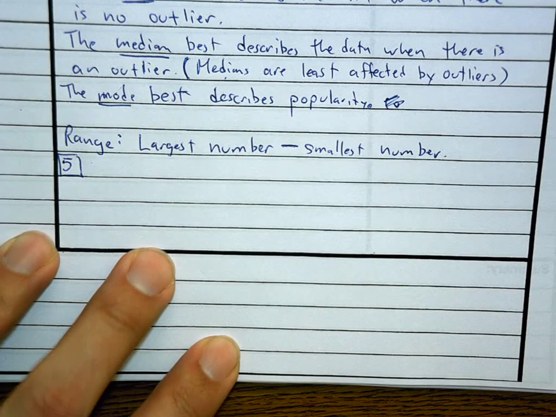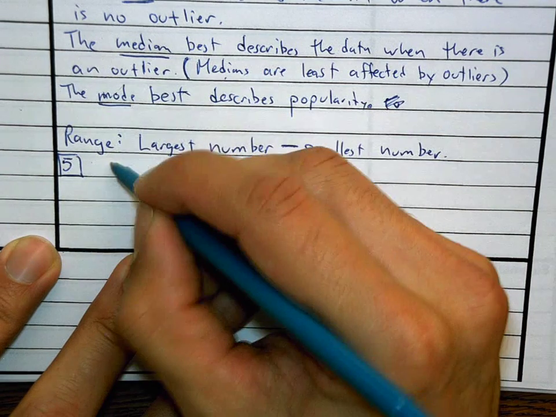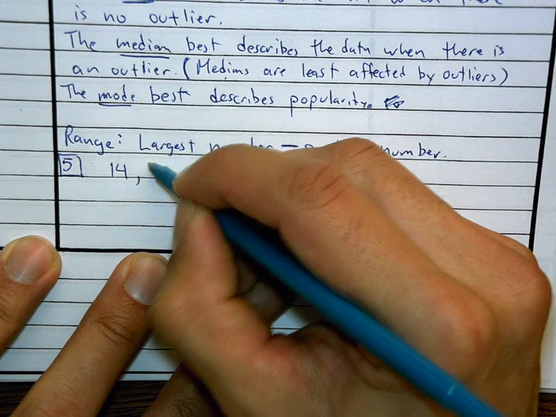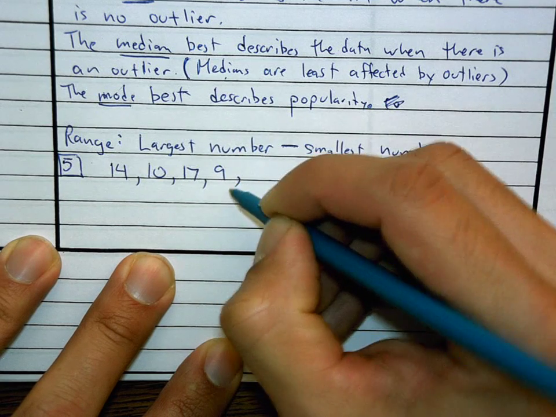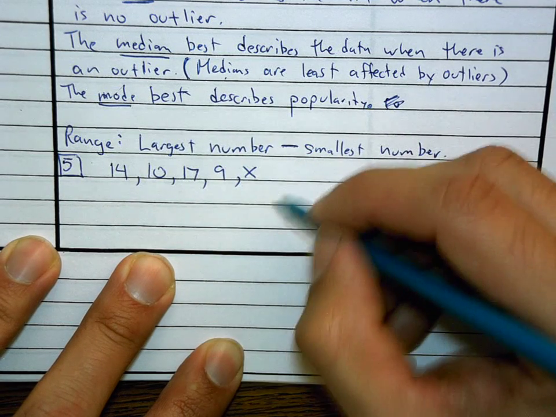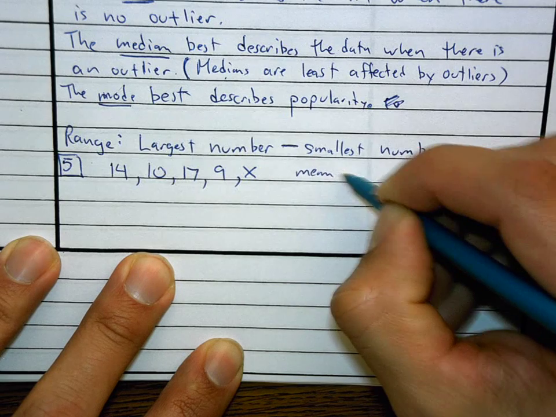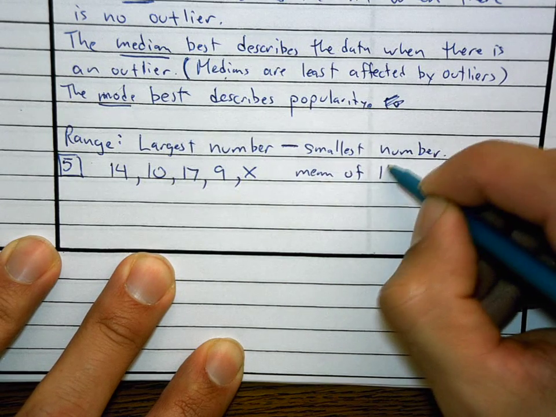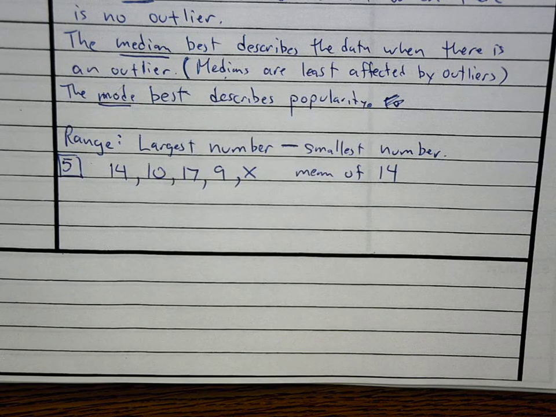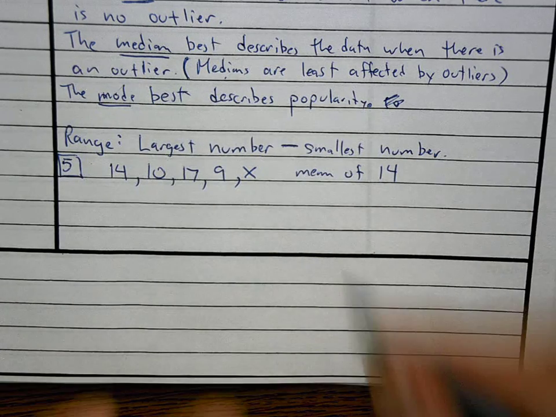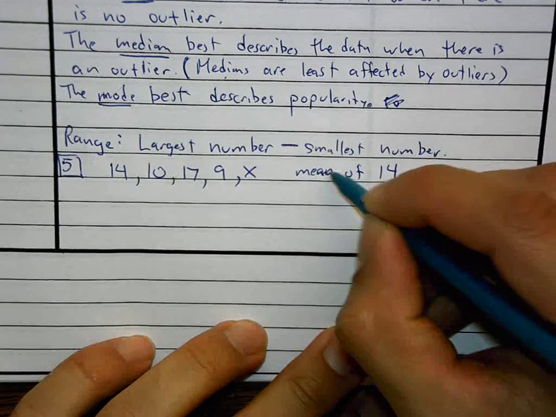Number 5 says 14, 10, 17, 9, x with a mean of 14.